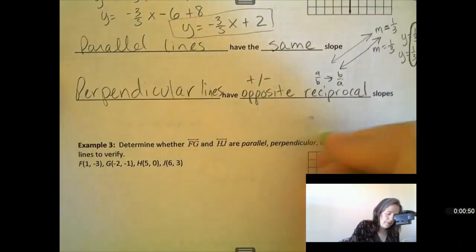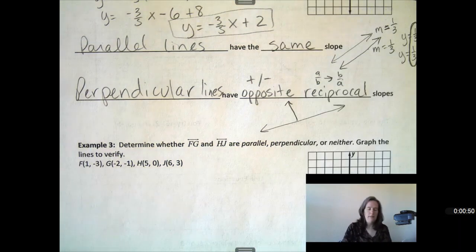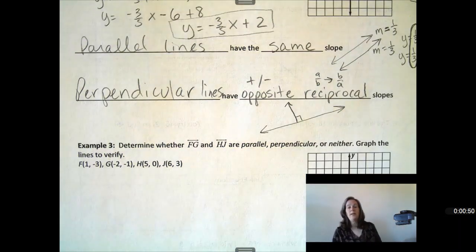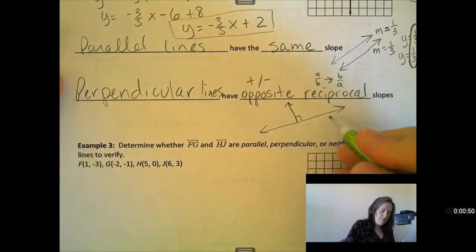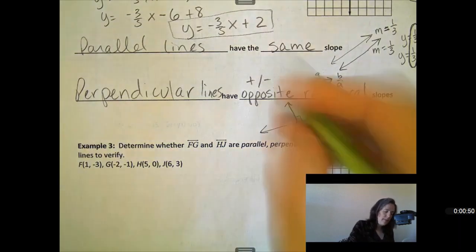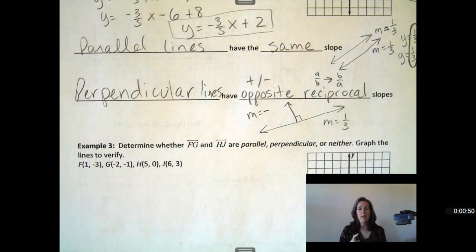Let's look at what that would look like. If I have perpendicular lines, and I'll draw a little 90-degree symbol there to show that these two lines are perpendicular. Then if this slope is 1/3, since that's positive, the perpendicular line has to be negative. First of all, that sign has to change.